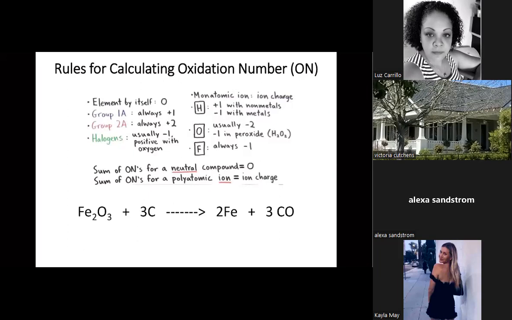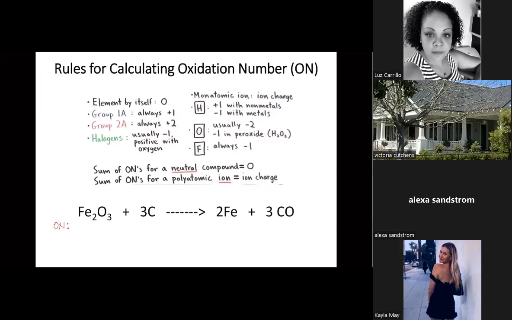Now, let's determine the oxidation number for each of the compounds that we have here. I'm going to write ON for oxidation number, okay? So out of my reactants, as you can see, the first bullet point says element by itself has an oxidation number of 0. Who's going to get an oxidation of 0? The first reactant or the second reactant?